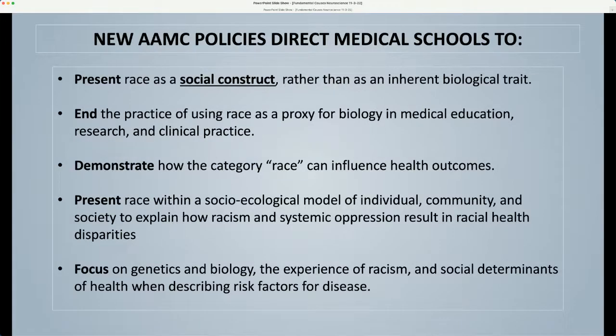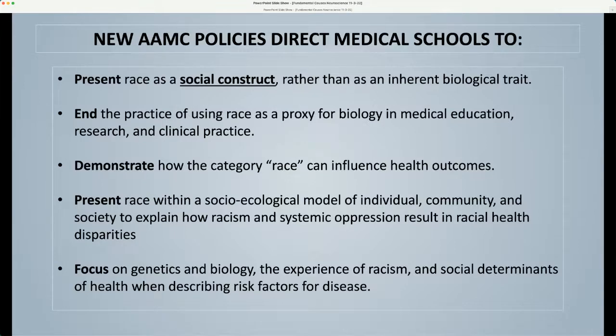So this presentation uses fundamental cause theory to explain how systemic racism impacts the social determinants of health and causes health disparities in the form of excess morbidity and mortality in racialized and marginalized populations.